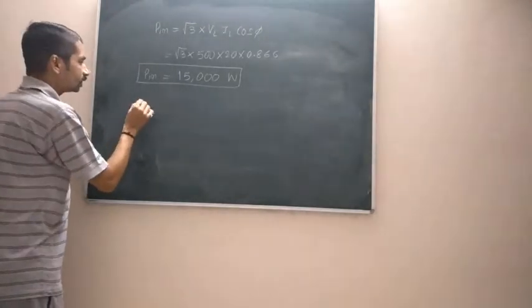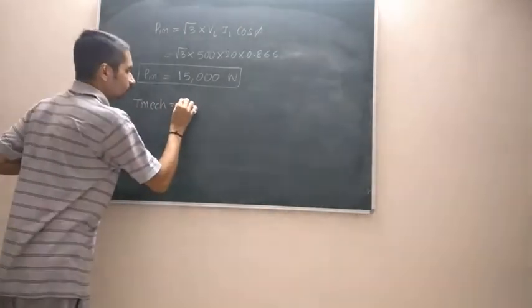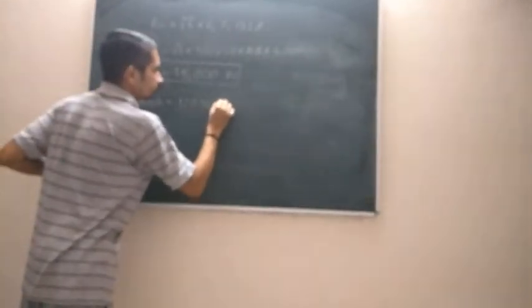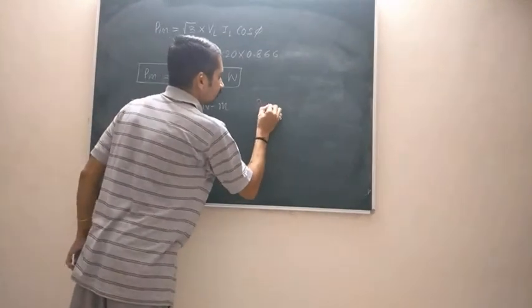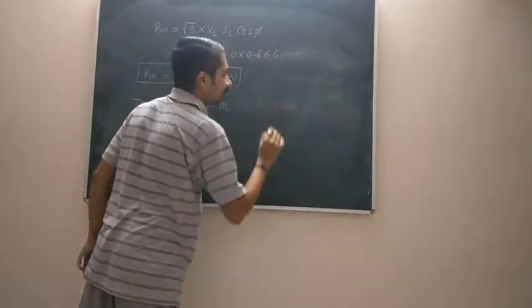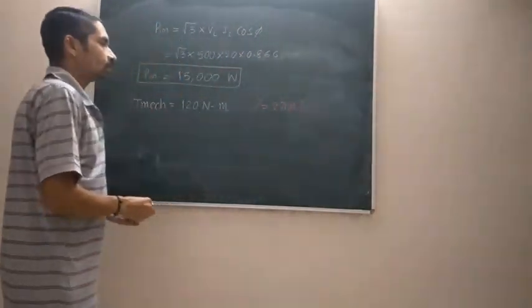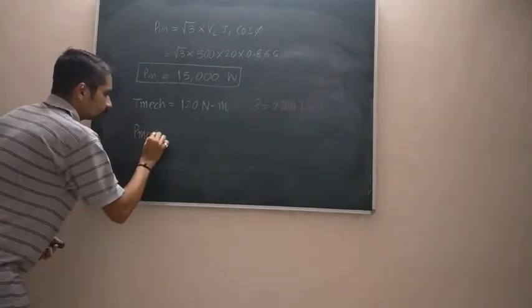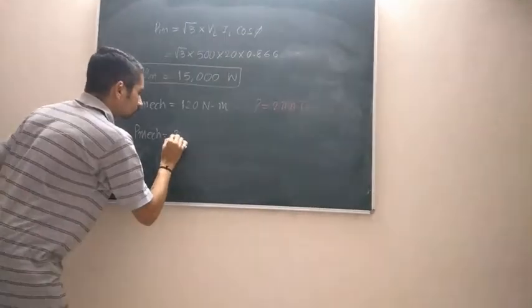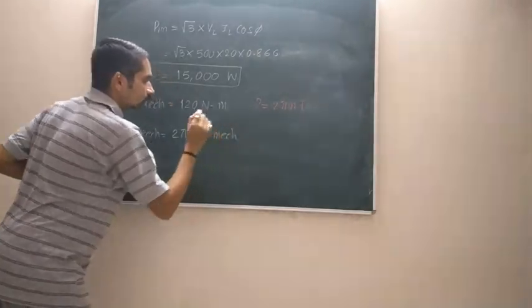Now what they have given along with this? The mechanical torque, it is 120 Newton meter. Now please recall the relationship between power and torque. In general, power is given by the formula 2 pi into small n, that is speed in rps, into T, and therefore the corresponding mechanical power, P mechanical, will be equal to 2 pi n into T mechanical.